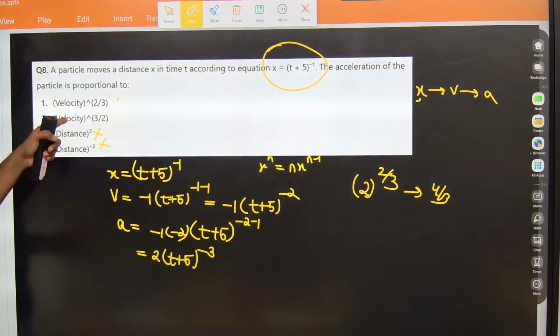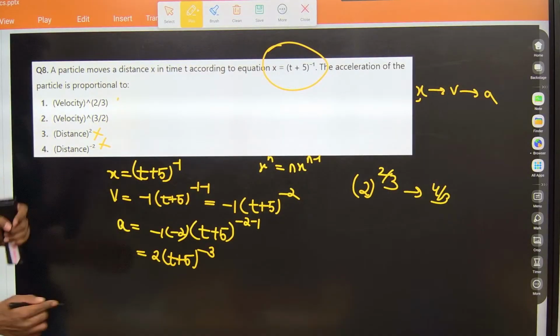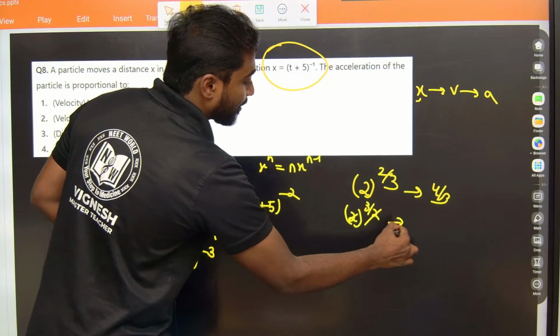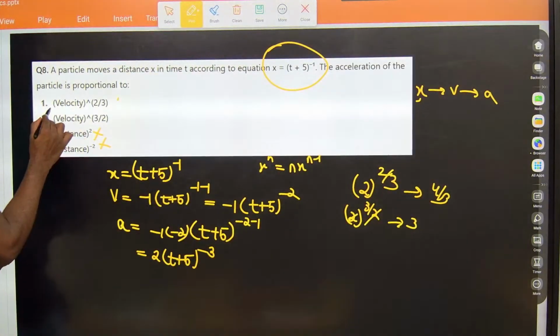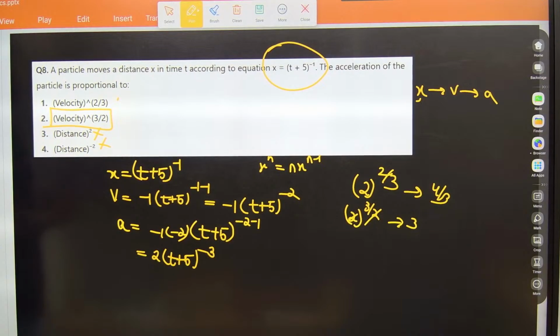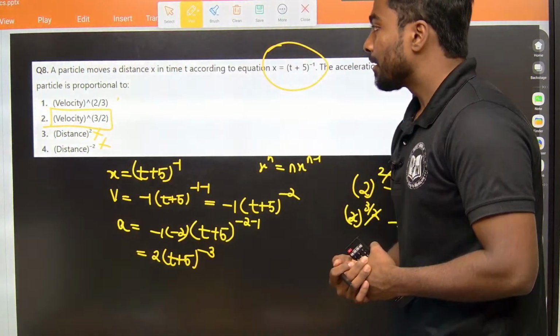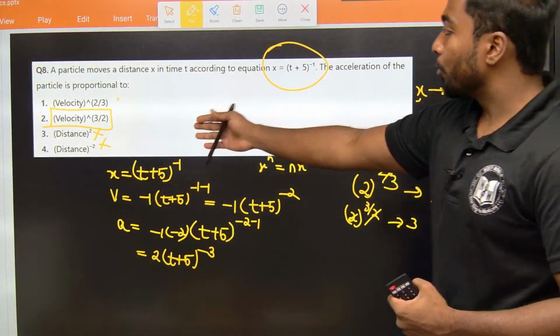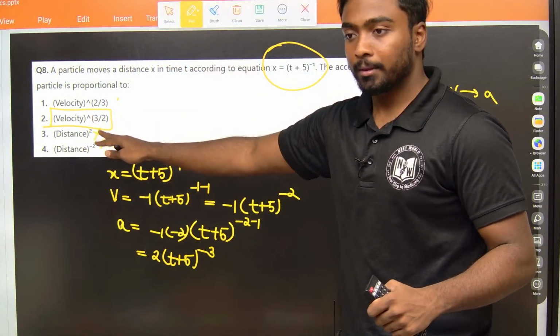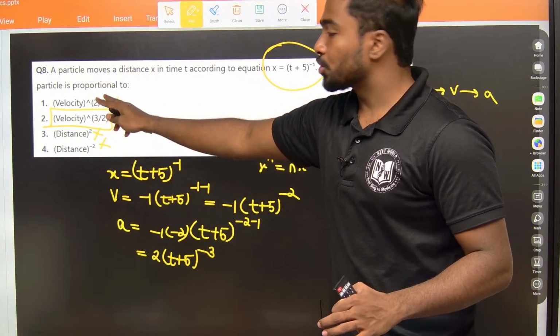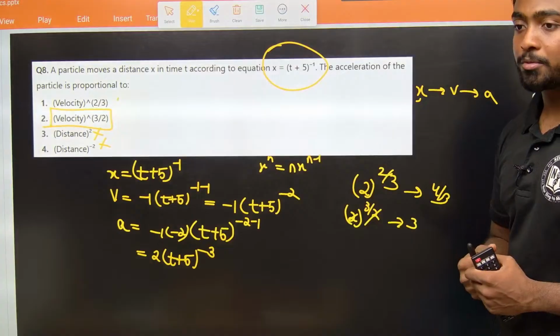But what do I get for velocity power 3/2? 2 power 3/2, this 2 and 2 will get cancelled, I will get 3. So obviously I can say the answer is option 2. By the elimination method, I can eliminate this one, and from these two I need to check which is the correct option. Okay?